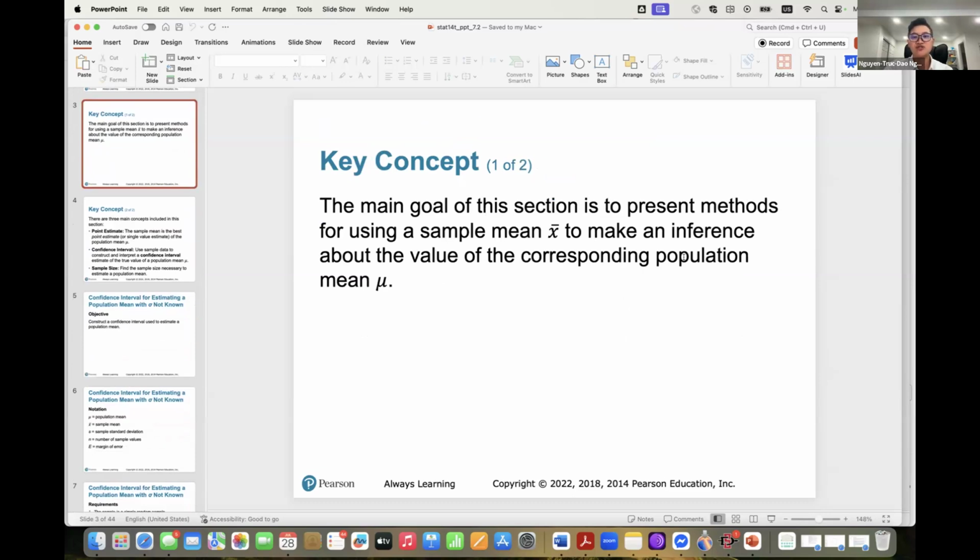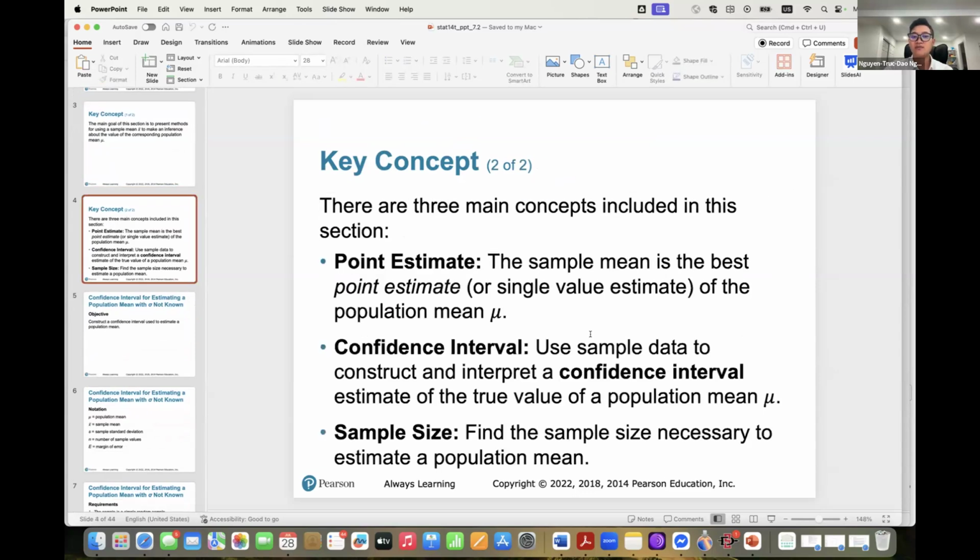The main goal of this section is to present methods for using a sample mean X bar to make an inference about the value of the corresponding population mean mu. There are three main concepts included. The point estimate: the sample mean is the best point estimate, or single value estimate, of the population mean mu.